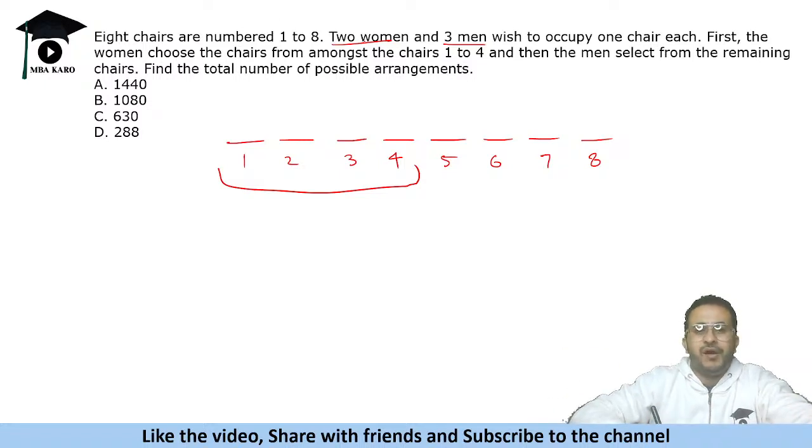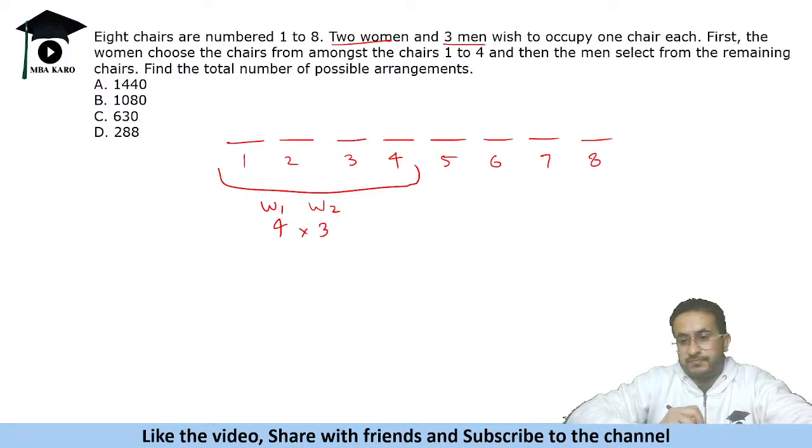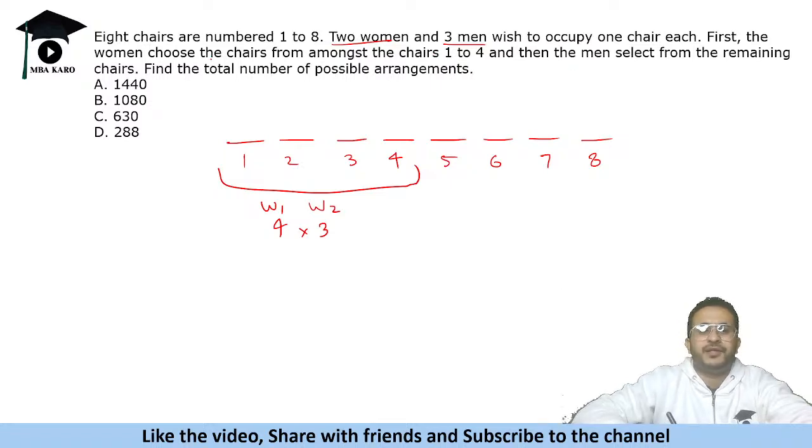Now see this. The first woman has 4 choices. Second woman has three choices. Okay, 4 into 3.